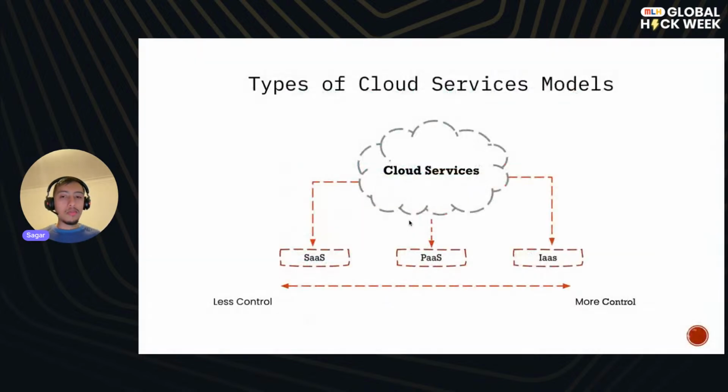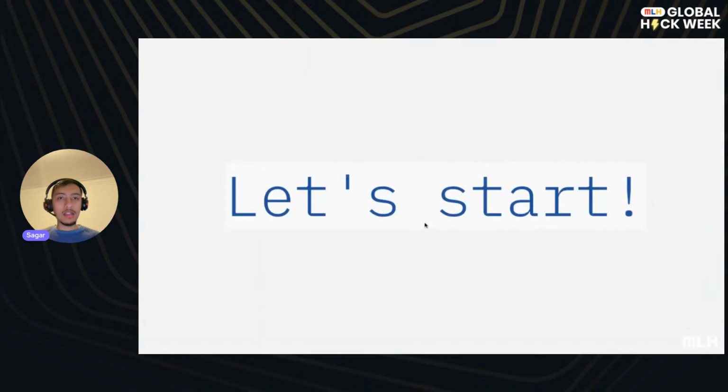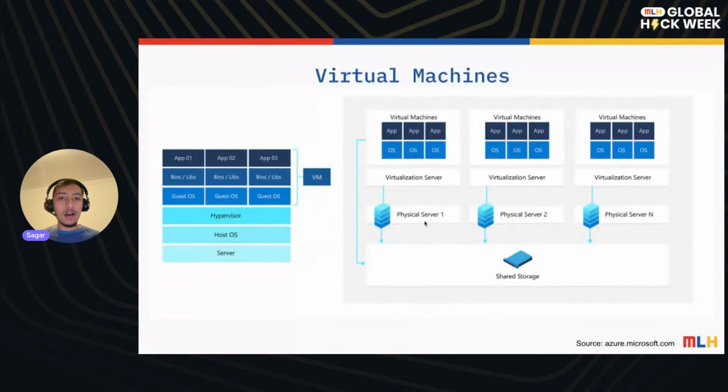All right, so now that's done. Let's get more into the virtual machines. From a beginner's point of view, a virtual machine is an abstract layer on top of your actual operating system or your actual physical device.